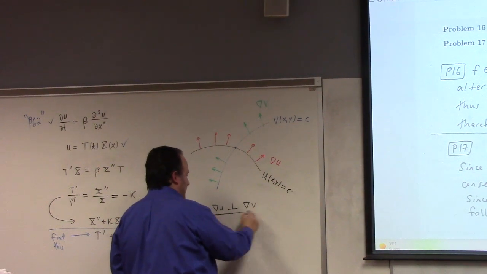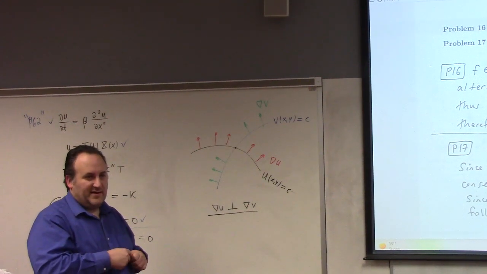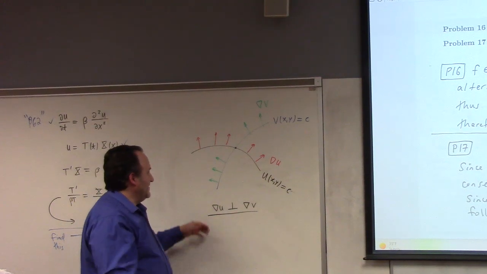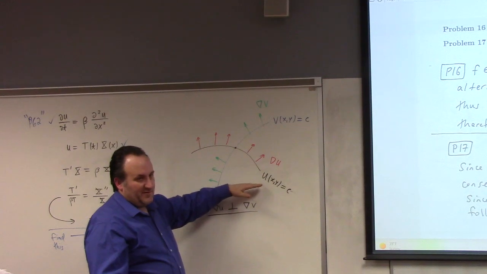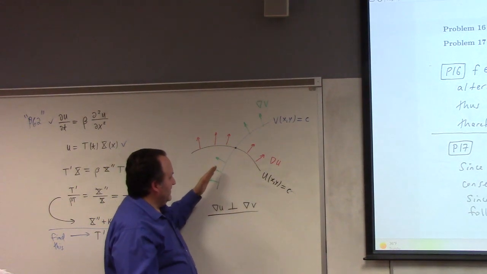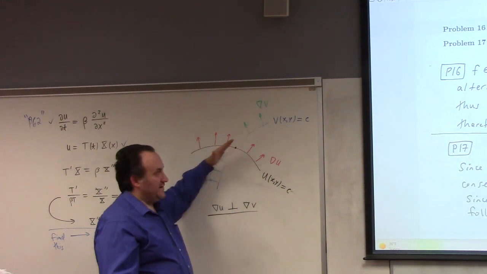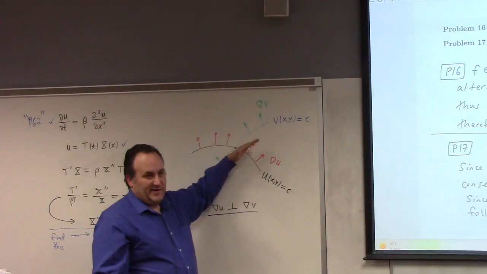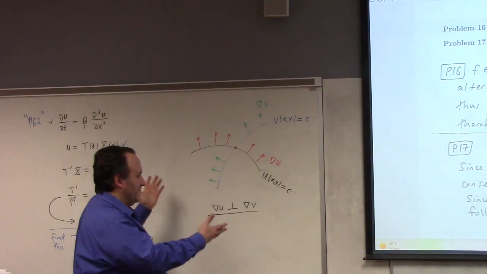That will give us orthogonality. It's kind of an enemy of my enemy is my friend deal, because the vector which is perpendicular to the level curve of u, you want that to be tangential to the v curve, but to be tangential to the v curve is to be perpendicular to the v gradient. If you draw the picture, you can see it.